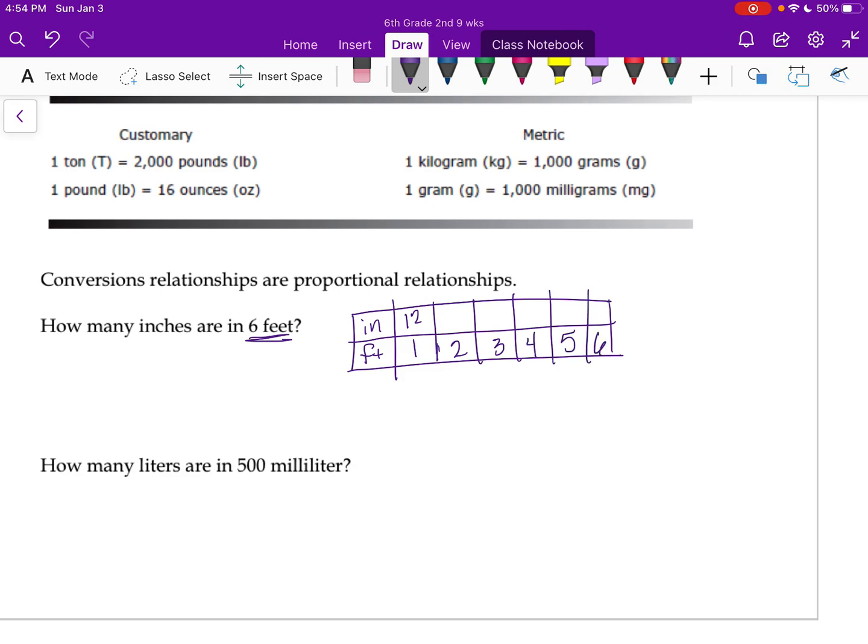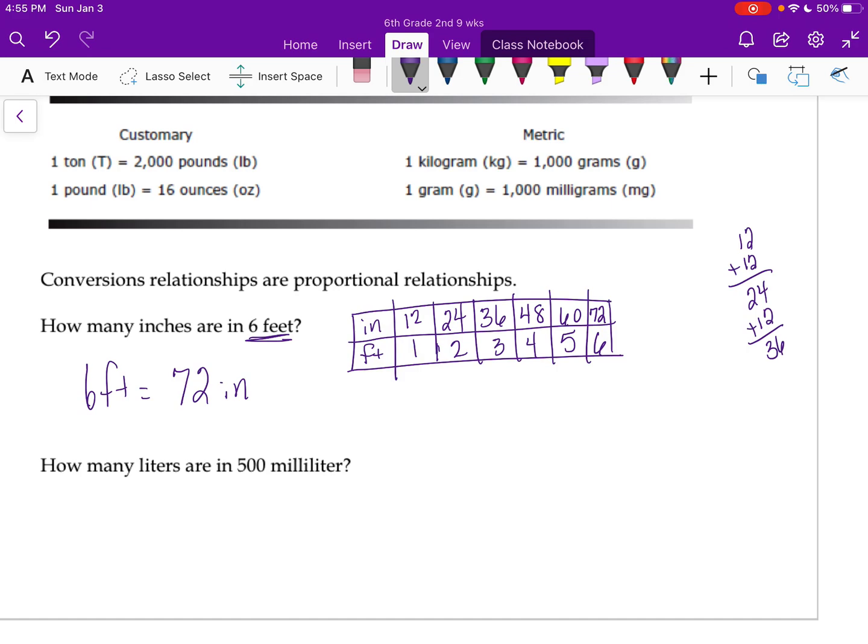I made the chart perfect. All right, so at the top, if 1 foot is 12 inches, then 2 feet would be 24, 36, right? We're just adding 12 each time. So if you don't know your 12s, you could just add 12 each time like this, and so on. So 12, 24, 36, 48, 60, and then 72. So 6 feet is equivalent to 72 inches.